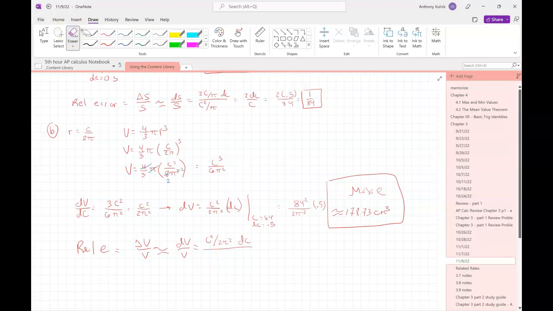We wrote it as c cubed over 6 pi squared. So let's see, what do we do? Those will reduce out. That'll reduce with that down to 3. Those will reduce down to that. So we just have dc on top. So that's going to be 3 dc over c. And again, we'll evaluate that when c is 84 and dc is 0.5.